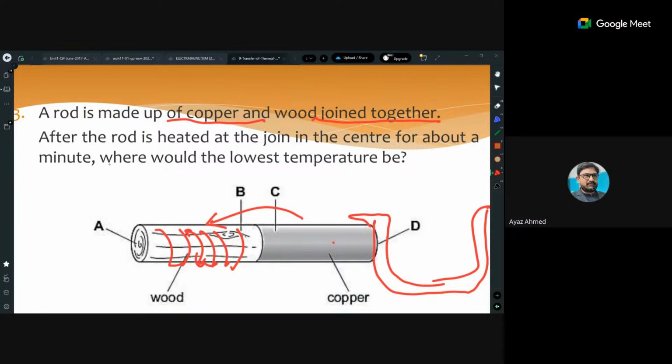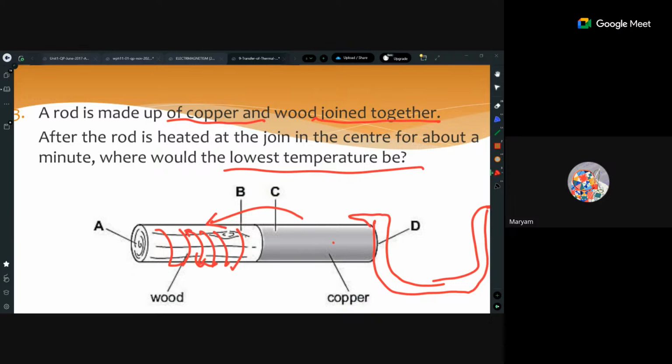Where would be the lowest temperature noted down? On the wood. No, from A, B, C, D. Khadija, are you there? She's not, sir. Ariba, is it going to be A or B?